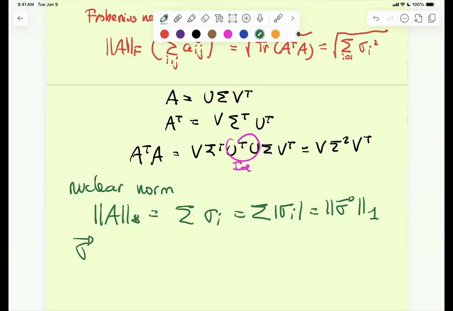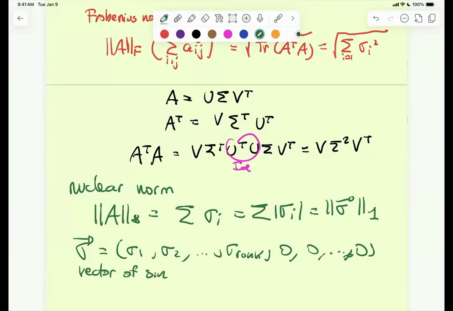So sigma would be here: sigma 1, sigma 2, up to sigma rank, and then there's a bunch of zeros, right? You put all the singular values as the entries of a vector. So in a sense, the nuclear norm is the L1 version of the norm of a vector, from that perspective.